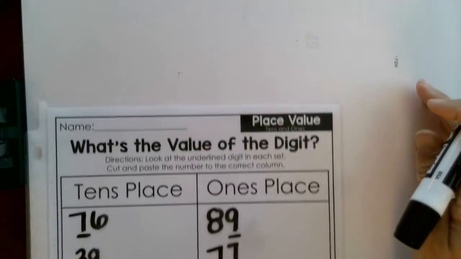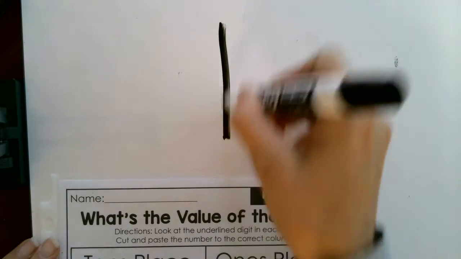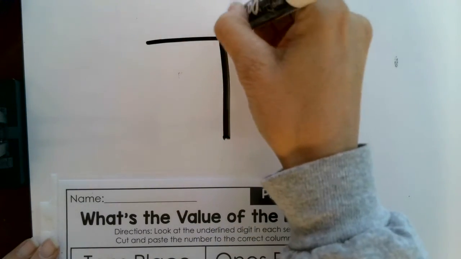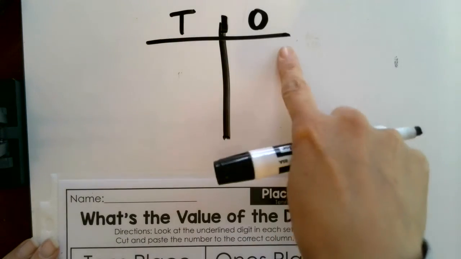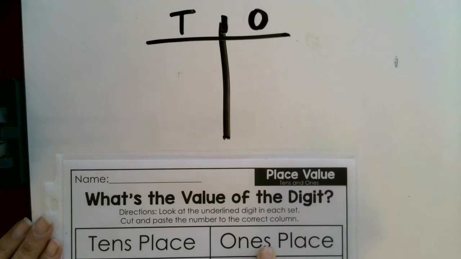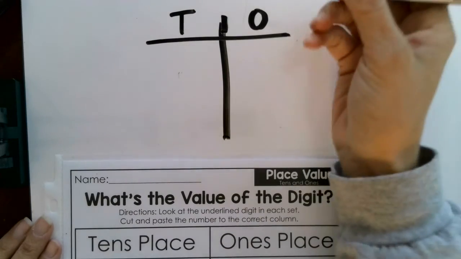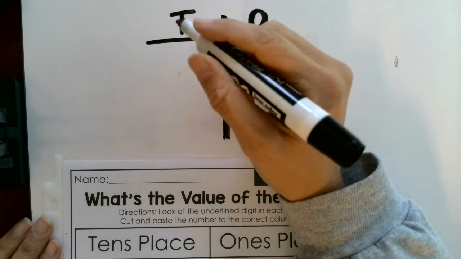I'll pull this down. You could draw your place value chart with tens and ones, just like they have here, the tens place and the ones place. And you could use the number 89 and draw it out with your base 10 blocks like we would have.